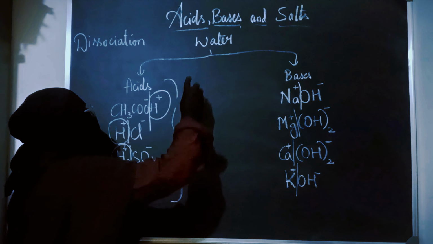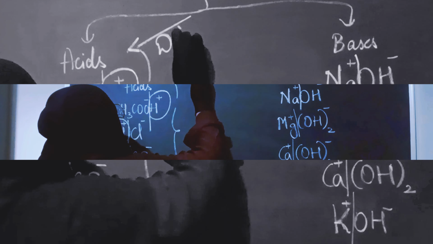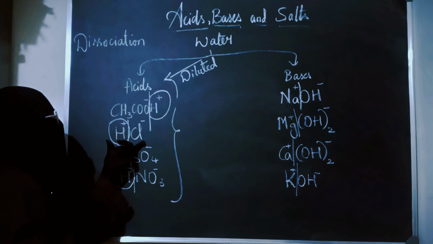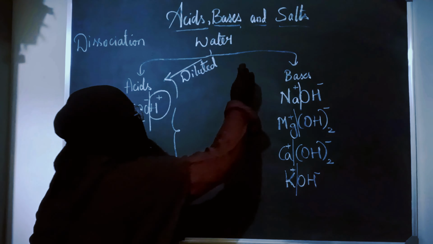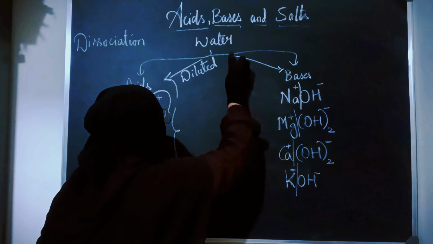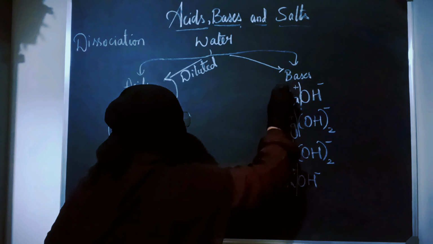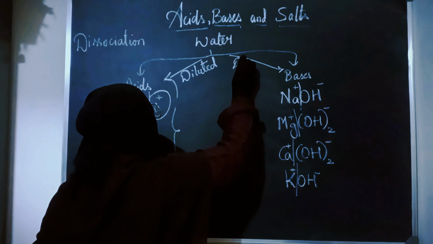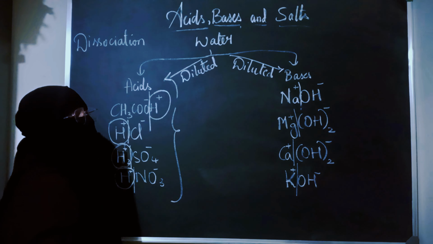That means whenever I add water to acid, this acid gets diluted because I have very few acid molecules in a particular volume. The same thing happens with bases also. Whenever I add water to the bases, the dissociation of ions will happen, and as a result, the molecules of base per unit volume go down, and I say that the base gets diluted.